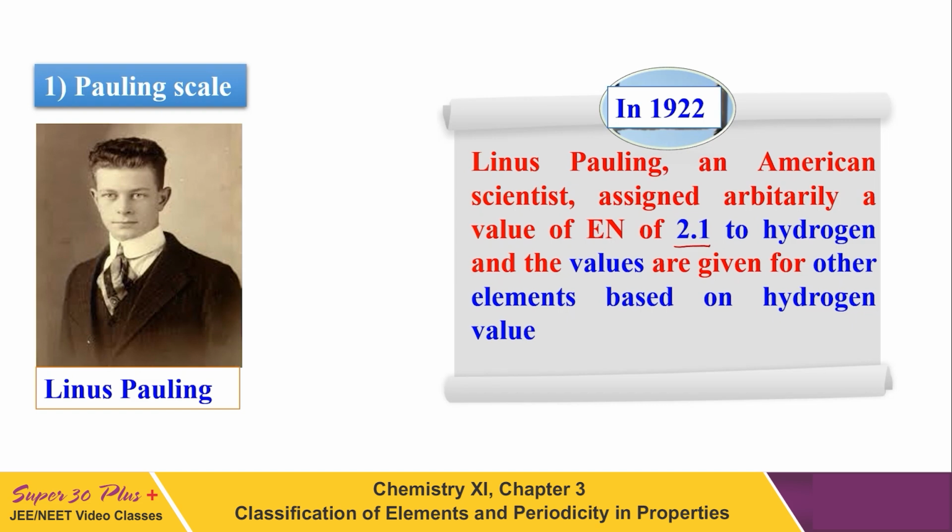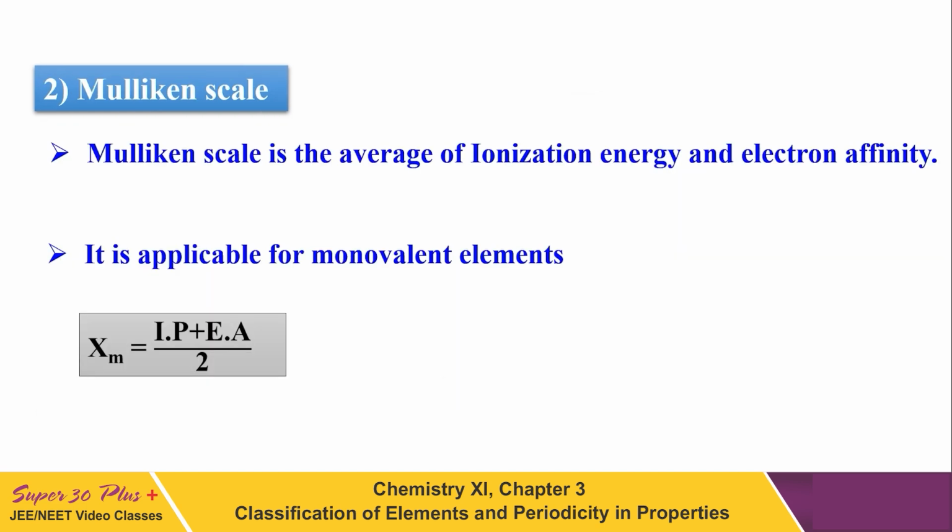And what about the other elements? The electronegativity of other elements was calculated with respect to hydrogen. The value given to hydrogen was 2.1, and for the other elements the value was calculated based on this value, right? This was the Pauling scale.